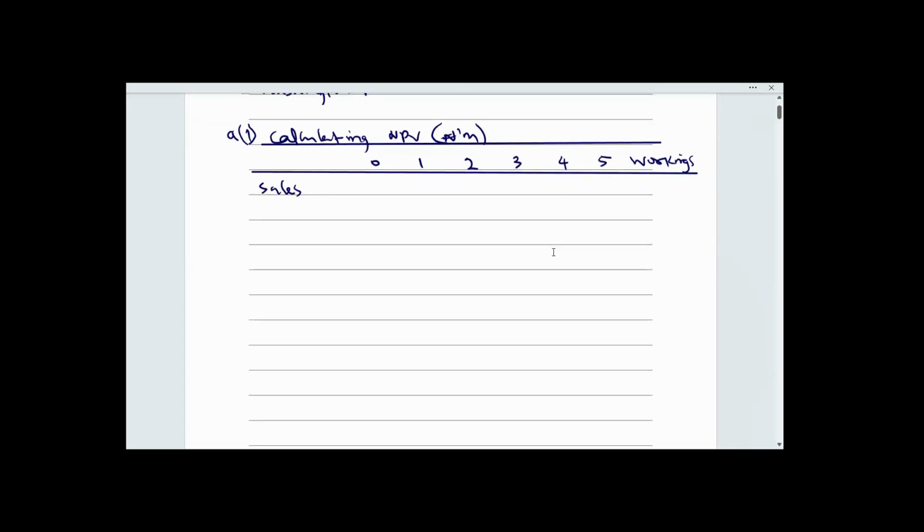Okay. So this is year 0, year 1, year 2, 3, 4, 5. Then we have workings. So for year 1, for example, what's the cash flow? What's the sales value for year 1?